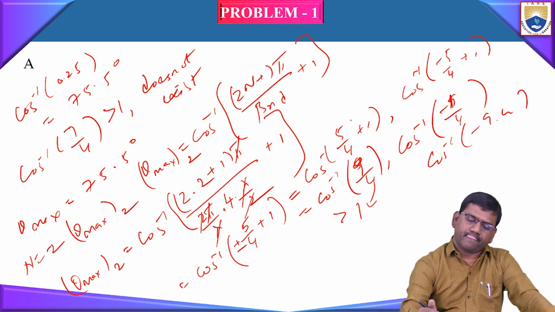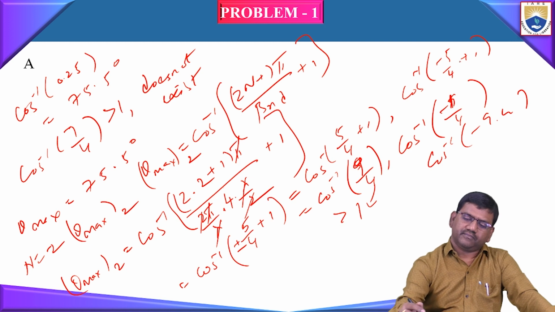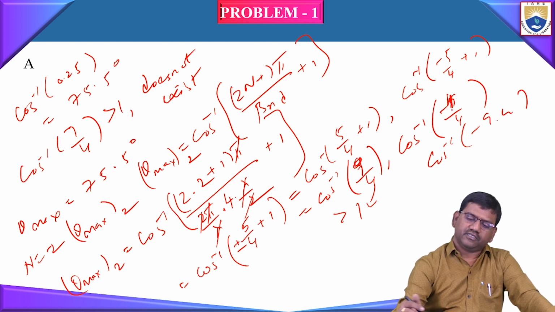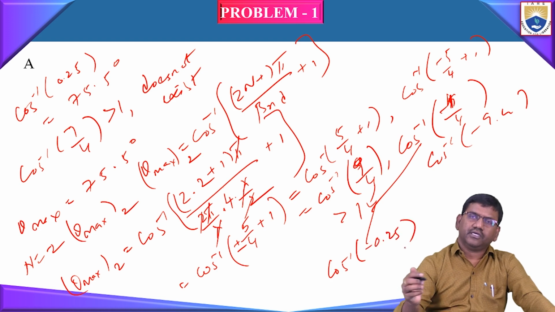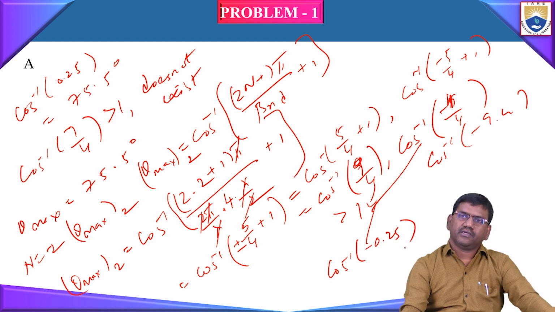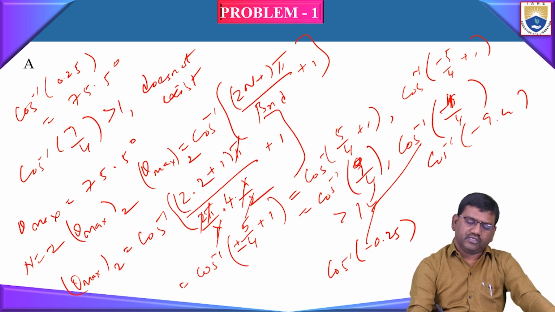So here, one positive, one negative, minus 5 by 4 plus 1, so you are getting minus 1 by 4. For this minus 1 by 4, you will get cos inverse of minus 0.25. If you simplify this, you will get minus 75.5 degrees.